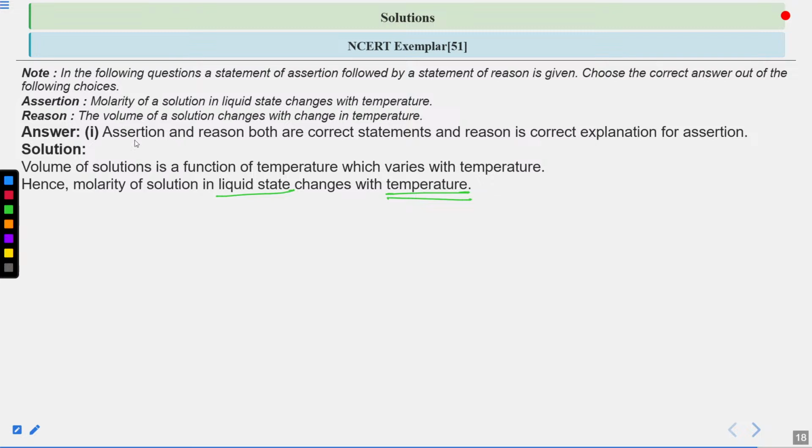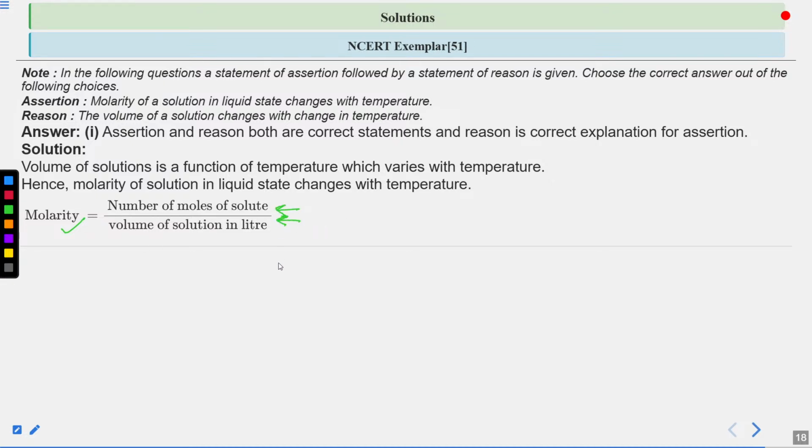So as the molarity also contains the volume, the molarity of the solution in the liquid state will also change with temperature, because molarity is defined as the number of moles of solute divided by the volume of solution in liters, right? As you can see, in the molarity formula we are using the volume term.